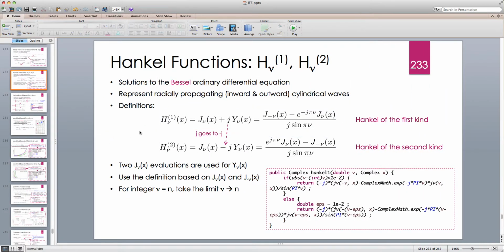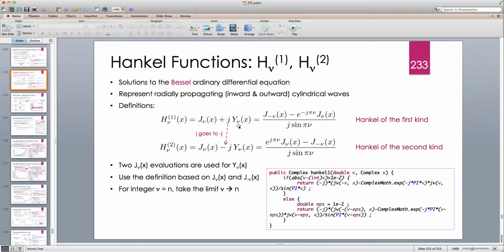This doesn't mean that Hankel 2 is the complex conjugate of Hankel 1, because x could be complex, or even if x is not complex, if nu is a real number that is not an integer and x is negative, j nu becomes complex, even if x is a real number. So be careful. Hankel 2 and Hankel 1 are not complex conjugates of each other. It's just the fact that you change the j to minus j, all right?